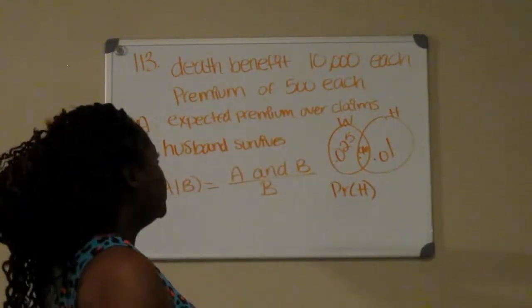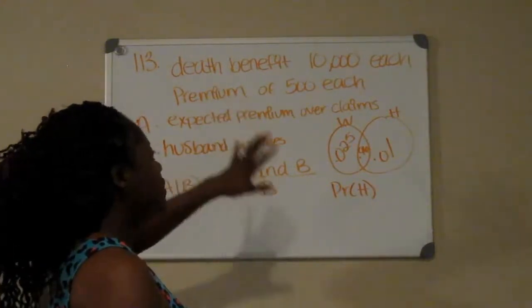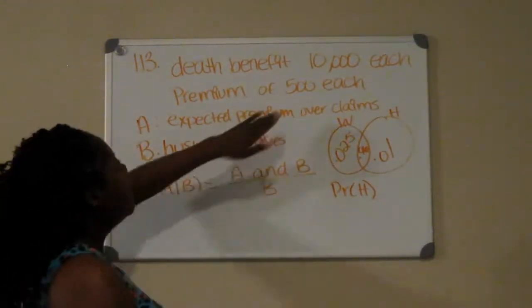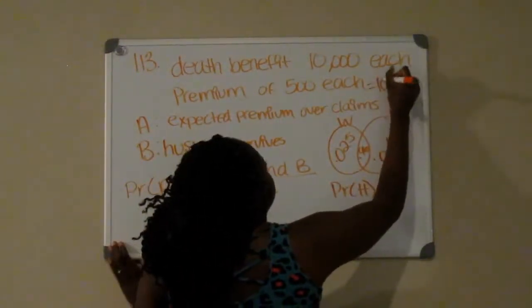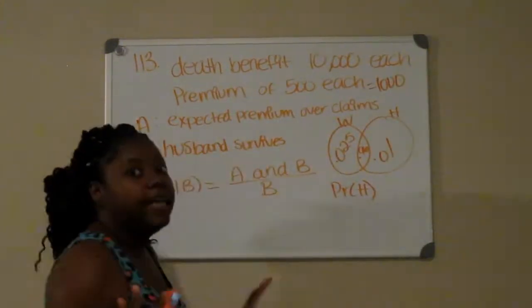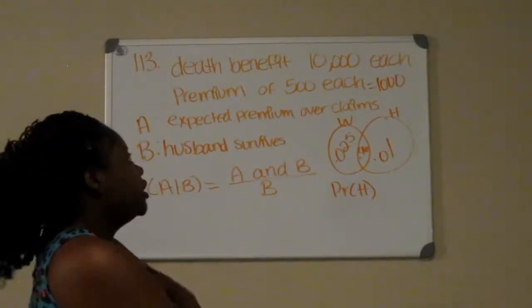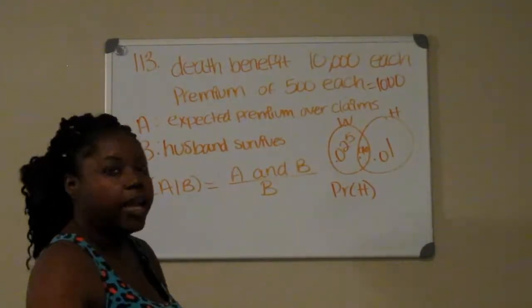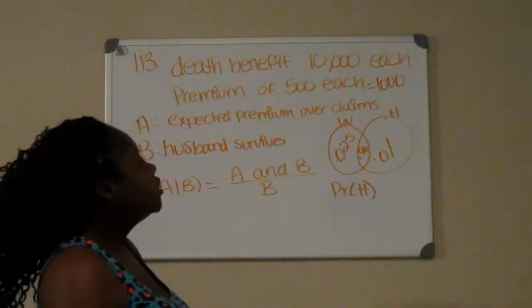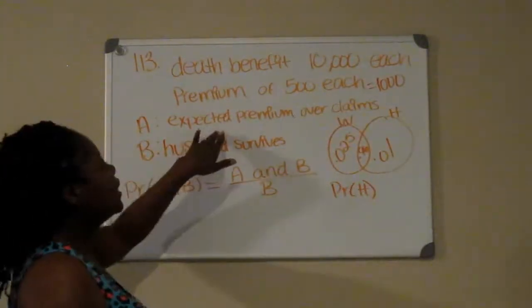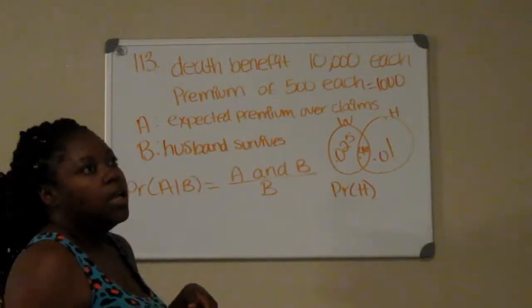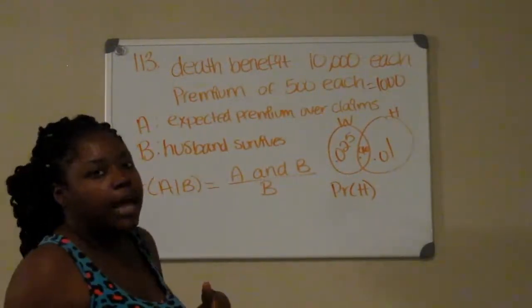Now, expected premium over claims. Let's write down the premium that was paid by both of them. They both paid $500, so your premium is going to be $1,000. We know how insurance goes: you pay your premium, and then they do the rest. Whenever I see expected, I always think X times the probability of X happening.